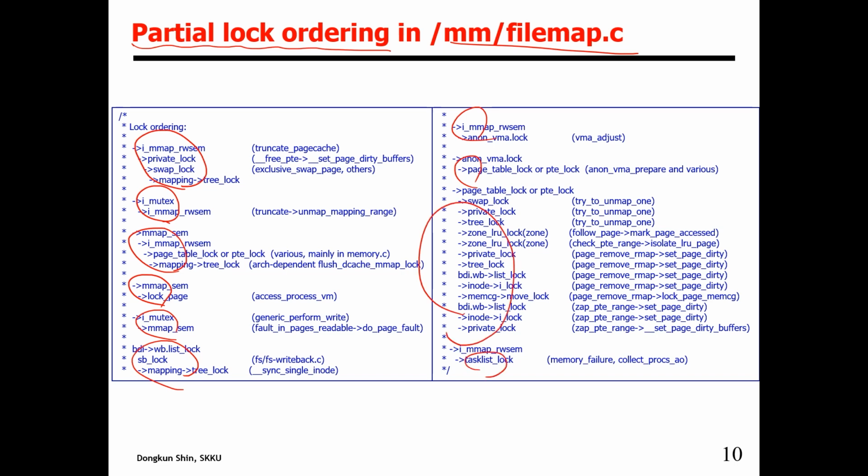Several partial orderings are specified in this code. A Linux programmer must follow this partial ordering when he acquires the lock variables. But this is only a convention. Okay, so this is not enforced.